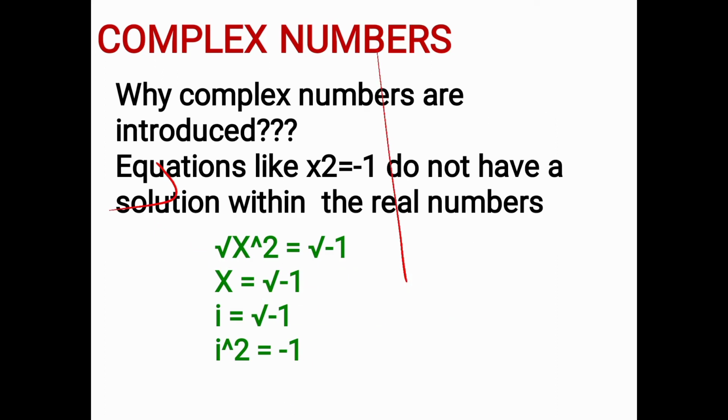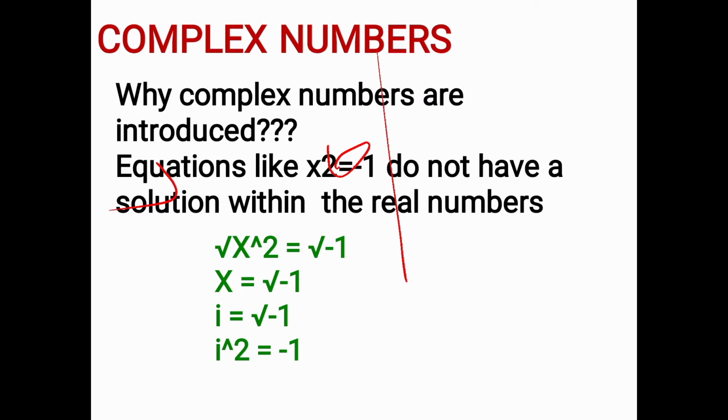Next, we are going to look a little bit more at the complex number. Example, already we have talked, x square equal to minus 1 and root over x square equal to root over minus 1, x equal to root over minus 1.